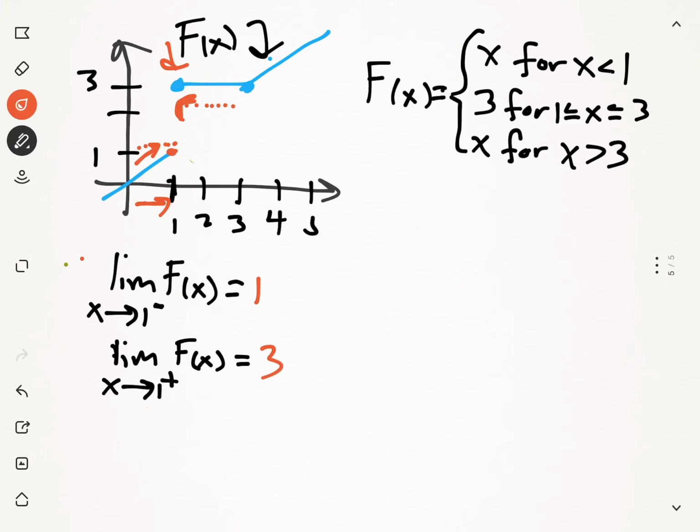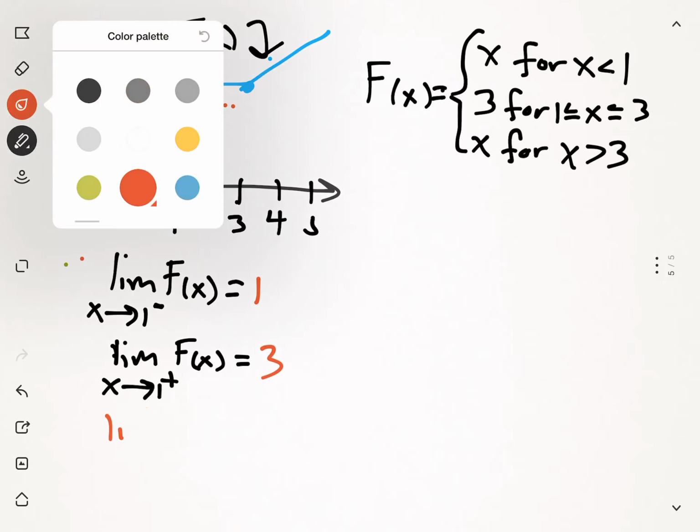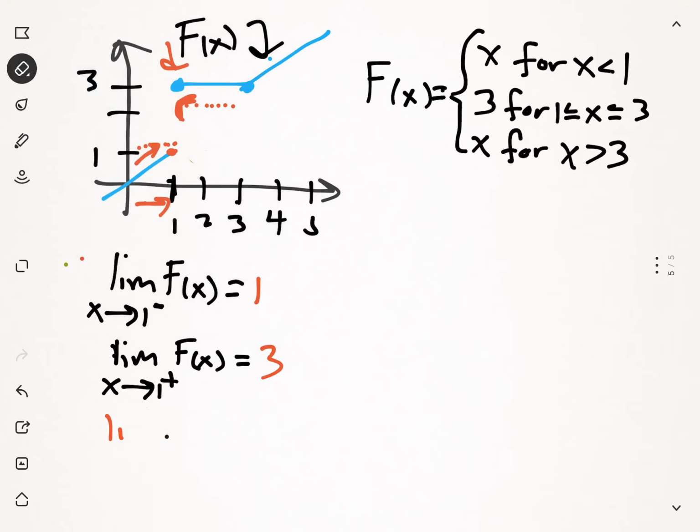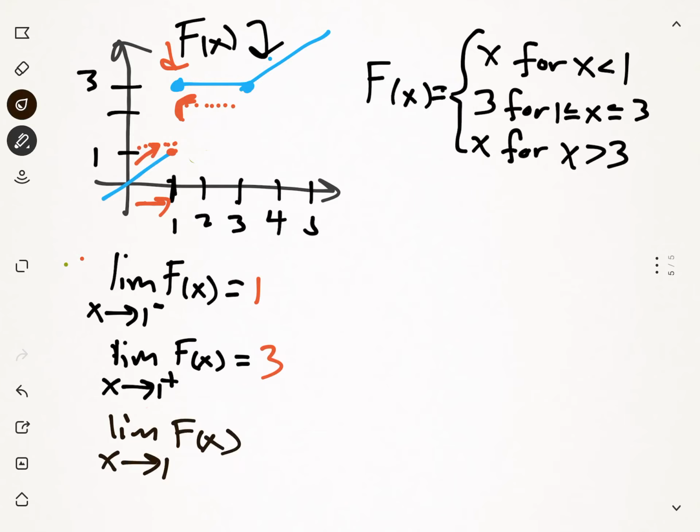And the last one, the limit as x approaches 1 from the left and the right. Well, look at what it was from the left. It was 1. And from the right, it was 3. So we would say it does not exist. And why?